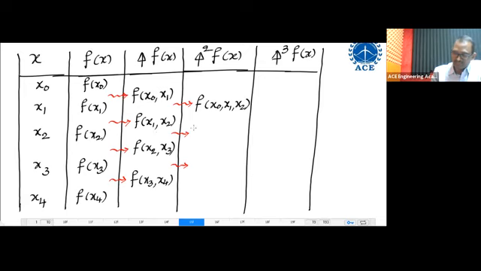Between f of x1 comma x2 and f of x2 comma x3, it should be written as f of x1 comma x2 comma x3. Similarly, this is x2 comma x3 comma x4.